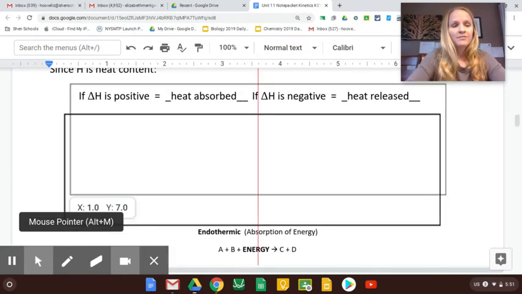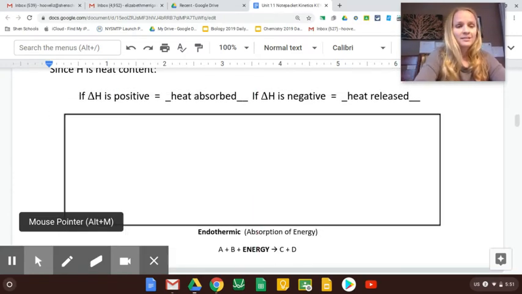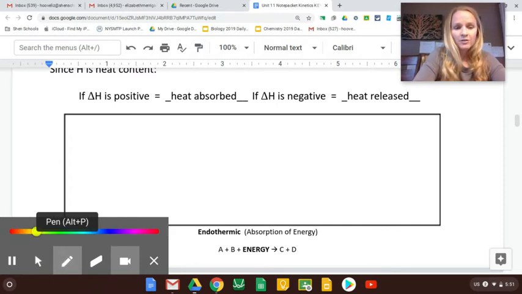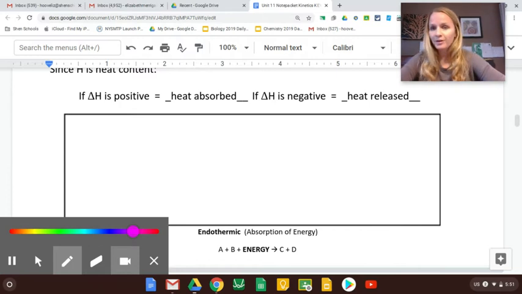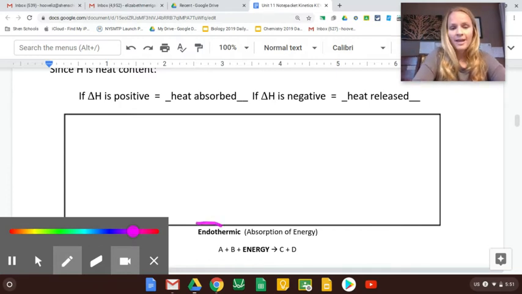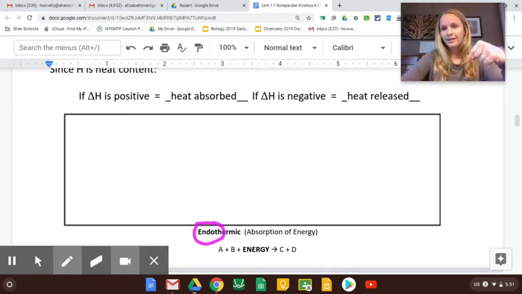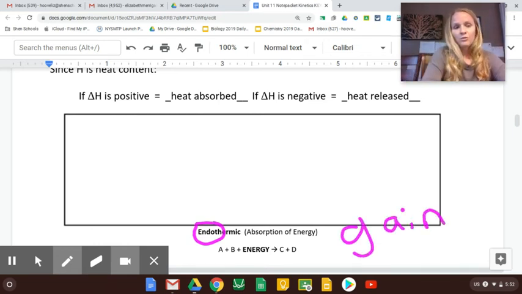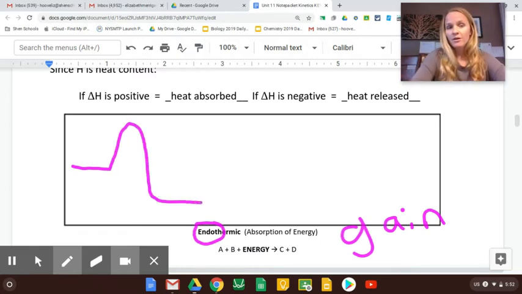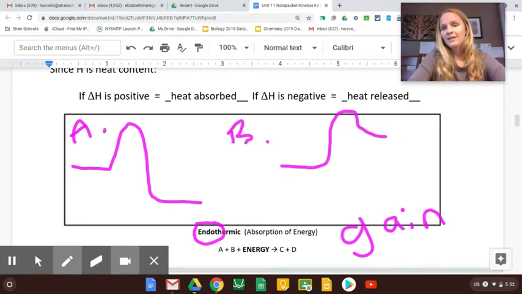And then their other favorite thing they're going to ask is that change in energy, was that a gain or a loss? Was that endothermic or exothermic? So if you think about it, endothermic means heat in. So there should have been a gain in heat. So which one shows a gain? If you start here and end up down there, we'll call that A. Or B, you start here and in the end you're up here.